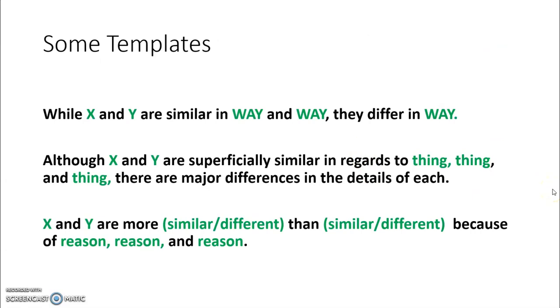Number 1. While X and Y are similar in way, and way, they differ in way. Popularly, although X and Y are superficially similar in regards to thing, and thing, there are major differences in the details of each. X and Y are more different than similar because of reason.